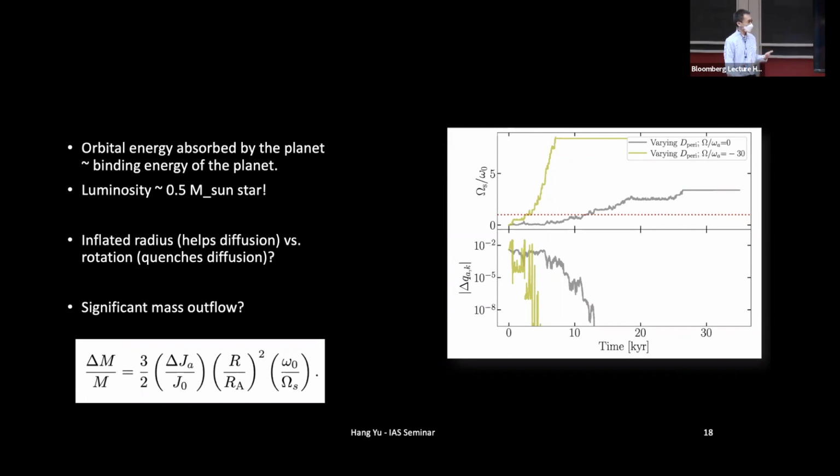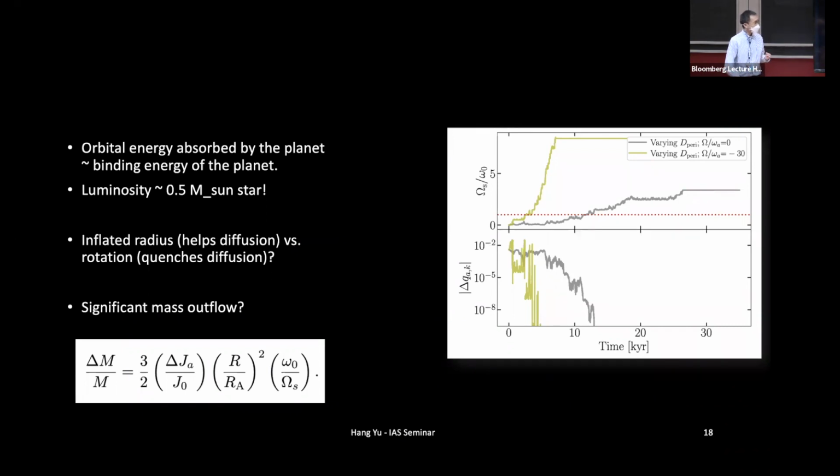As we talked about, in order to shrink the orbit from 1 AU to 0.1 AU, the amount of orbital energy that needs to be dissipated by the planet is several times the binding energy of the planet itself.